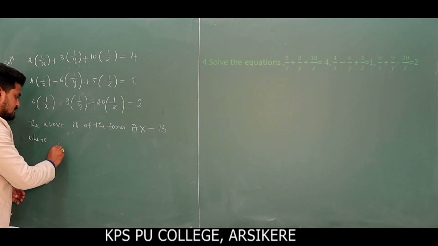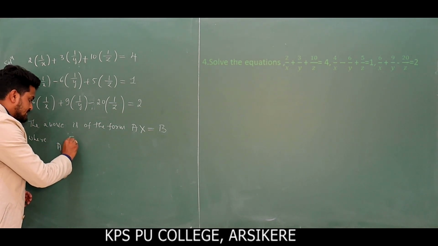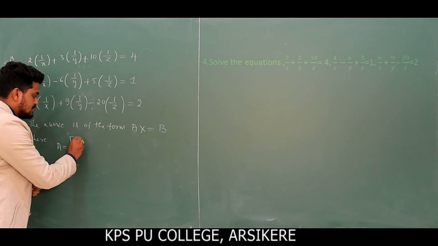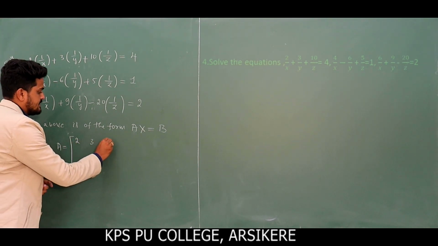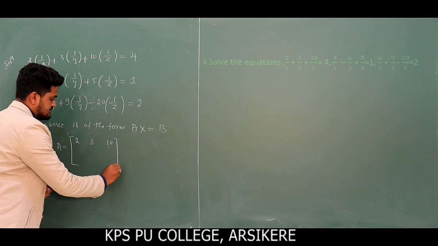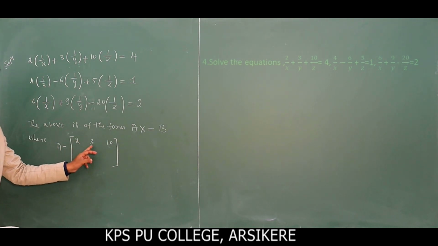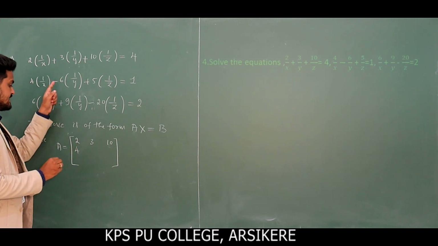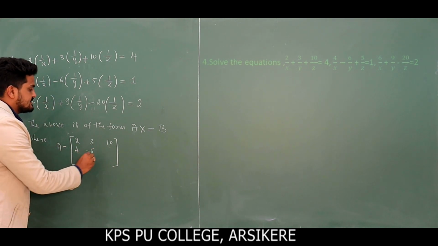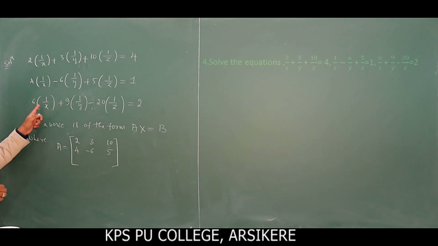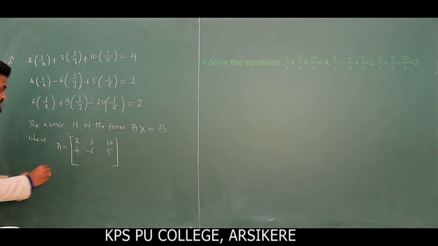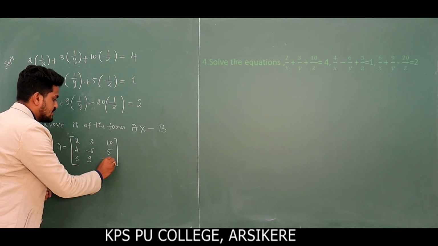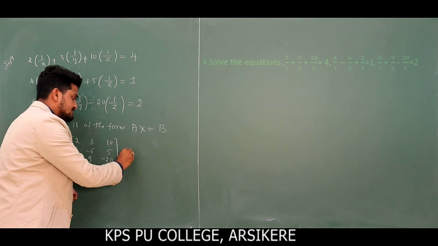So A is equal to the matrix A. You can see here: from the first equation 2, 3, 10. Second equation 4, minus 6, 5. Third equation 6, 9, minus 20.